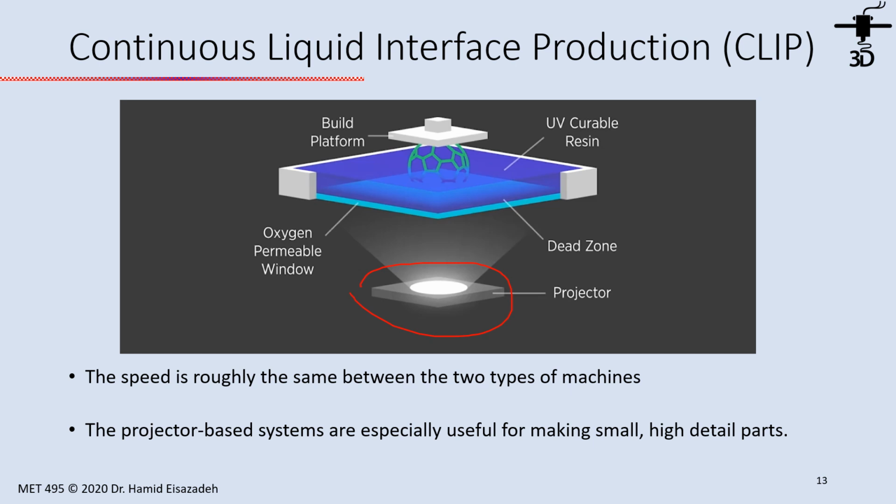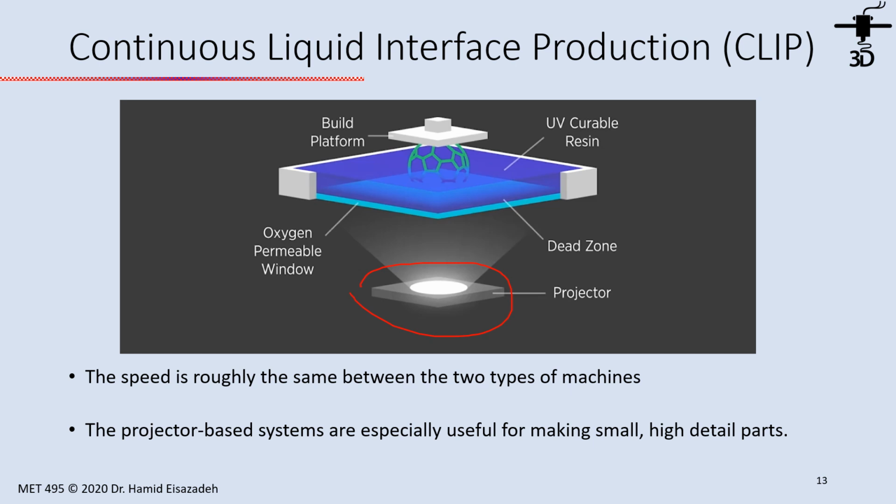and each time one cross section is going to be projected onto that liquid, and the image is not moving each time, so we have one image every time. Okay, and the machine has to wait for enough time so the whole layer is going to be polymerized.